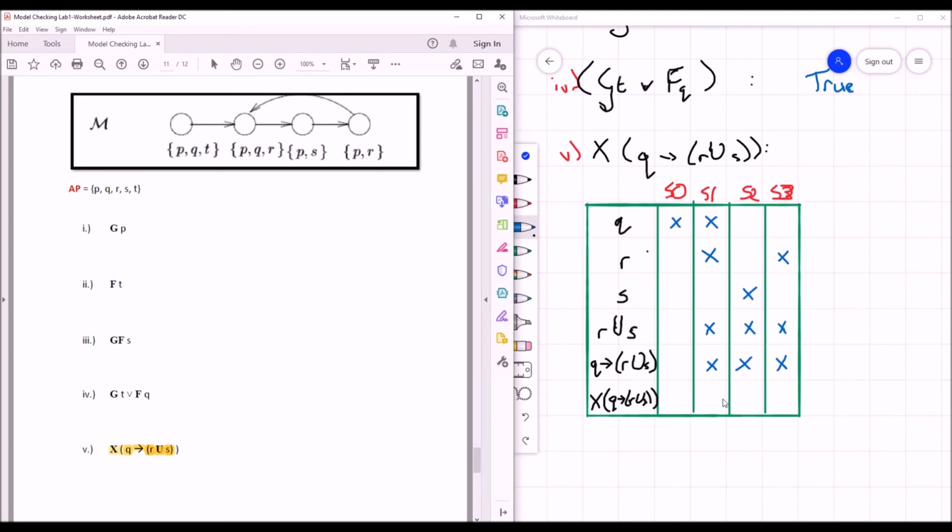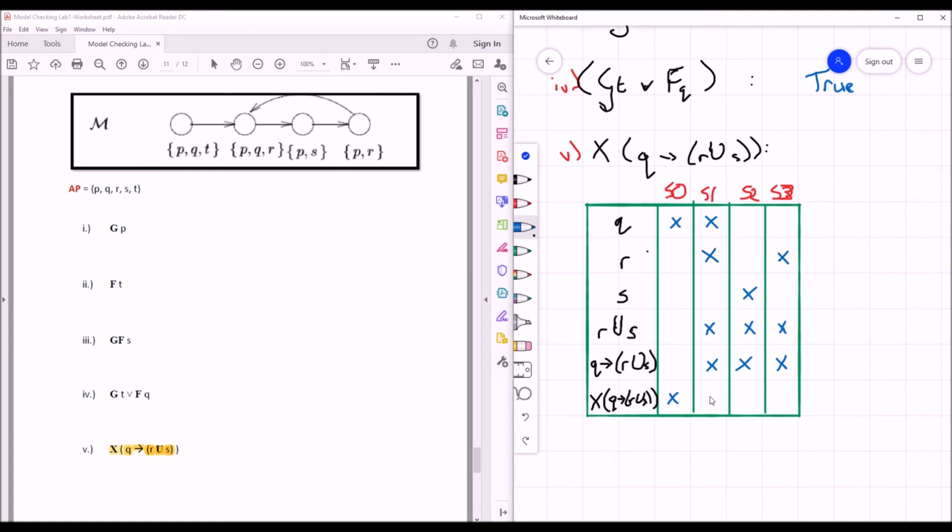So in state 0, of P, Q, and T, where Q is true, does it hold that in the next state, Q implies "or until S"? Well, the next state from S0 with a transition is S1. It holds in S1, so we say it holds here in S0. In S1, it holds in S2.